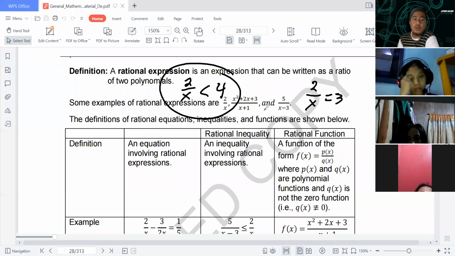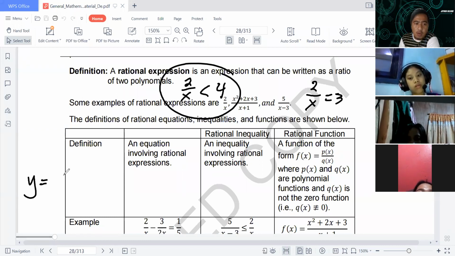And how will we know that it is a rational function? If you say a rational function, it involves two variables. So for example, we involve here f of x and x, and this portion is a rational expression, then it will be an example of a rational function. The best example for that is y equal to 2 minus x over x plus 1.